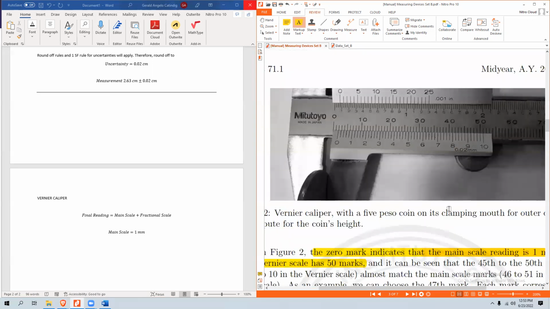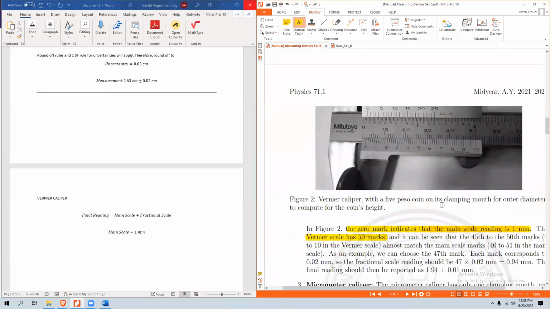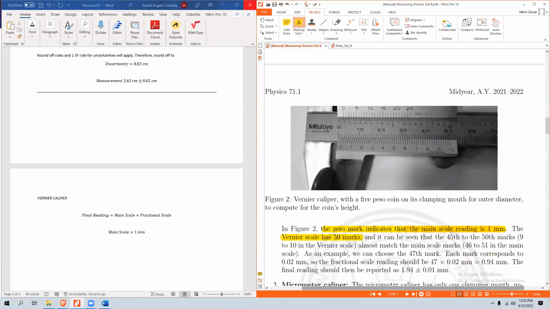So how do you read these measurements? The 45th to 50th marks, so 9 to 10, itong set na ito almost match the main scale marks, 46 to 51 dito naman sa main scale. Example lang daw, they choose the 47th mark on the vernier scale. Step 1 yung main scale reading.